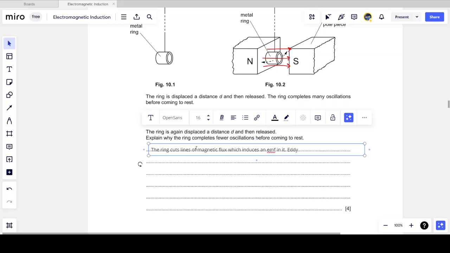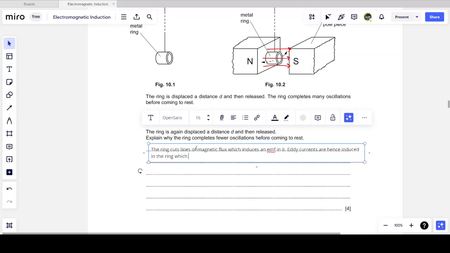What does an EMF generate? Well, an EMF generates eddy currents. And eddy currents are hence induced or produced or created in the ring.